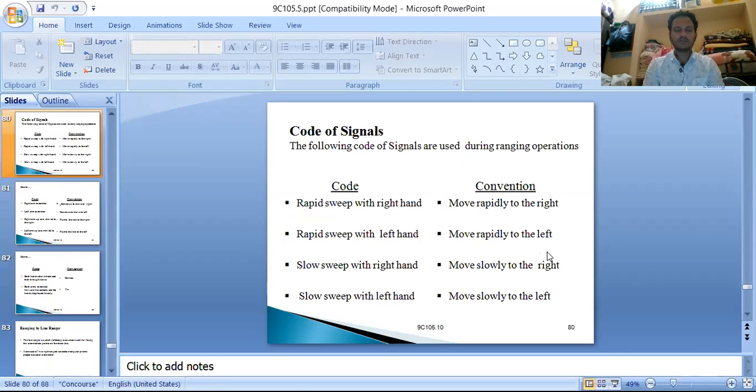These signals must be remembered while doing the chain survey because the surveyors may be standing at long distances. We cannot talk to them directly because the distance is very long. So in such cases, these signals help us take accurate steps in the survey.